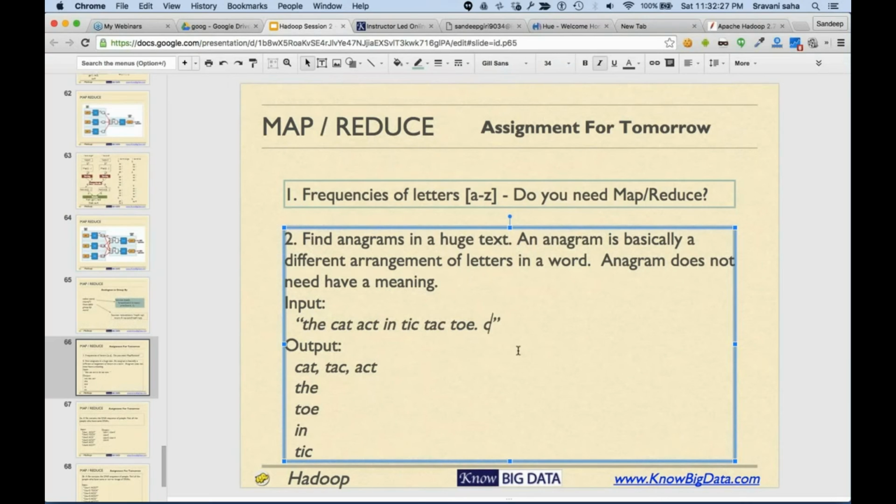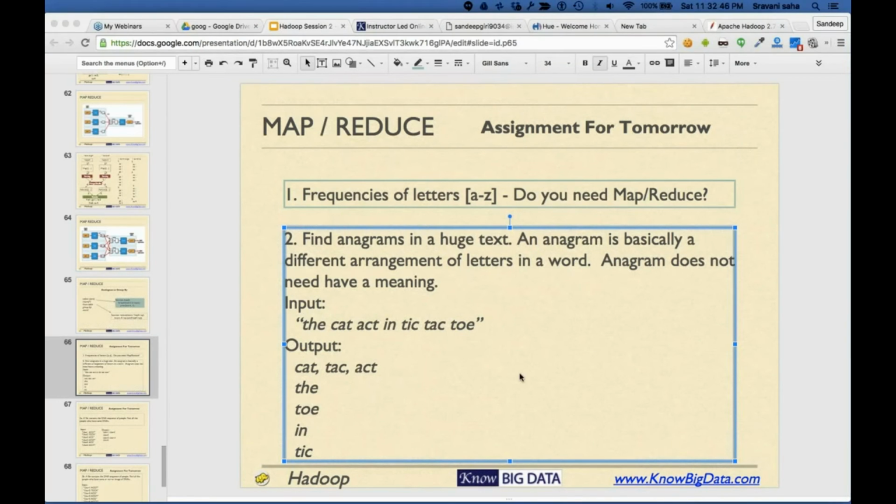If there was one word called cit, then cit will come together with tic. So given a huge text, you have to find out all the anagrams present in the text. You have to bring together all the anagrams.